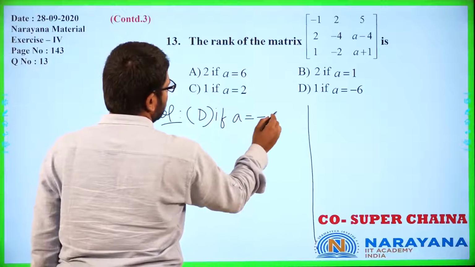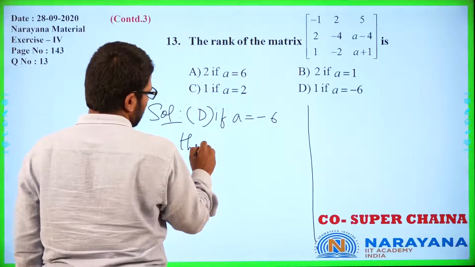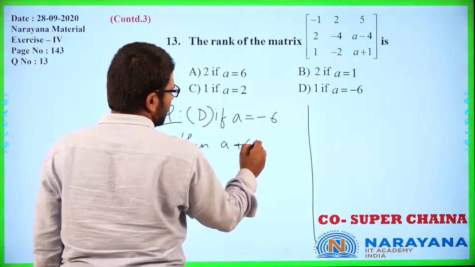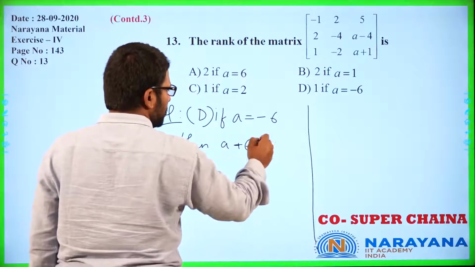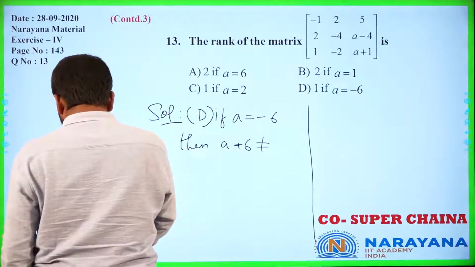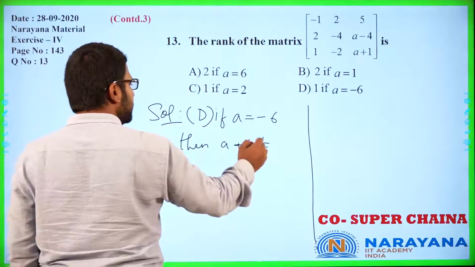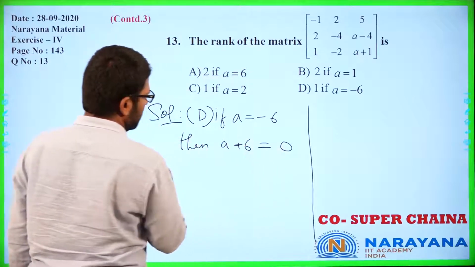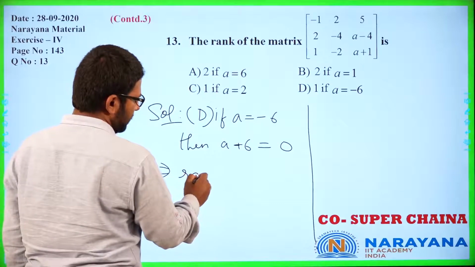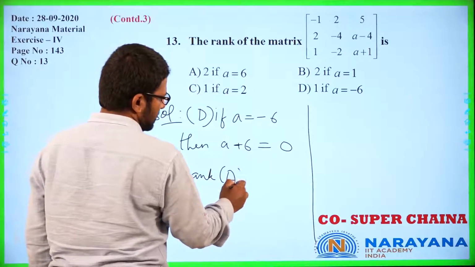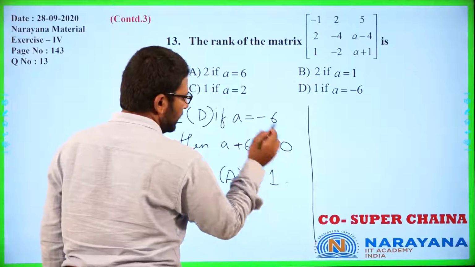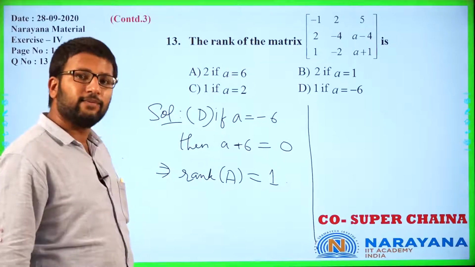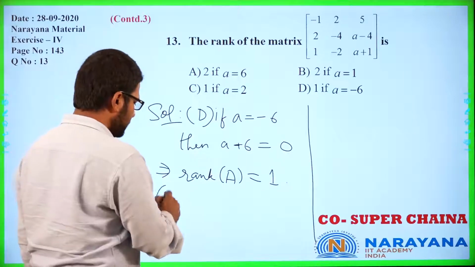If A equal to minus 6, then A plus 6 is definitely equal to 0, which means rank of A is 1, not 2, it would be 1. Why?